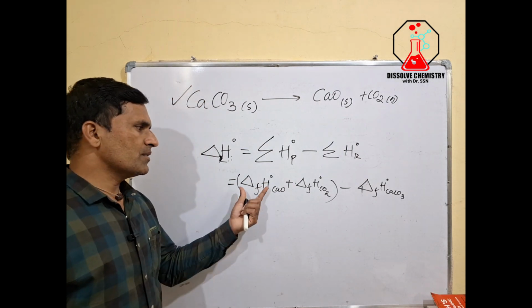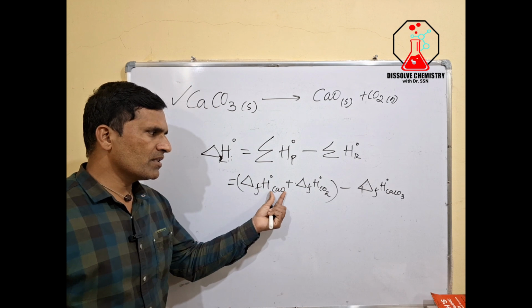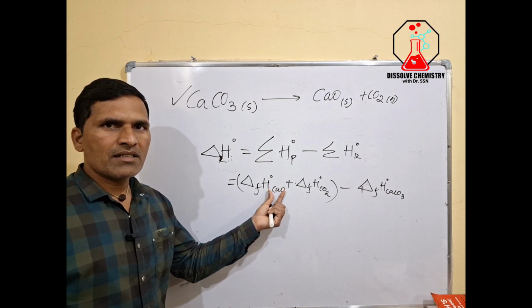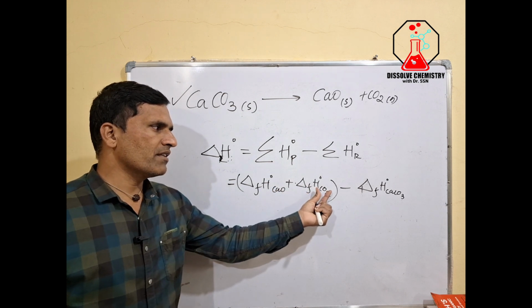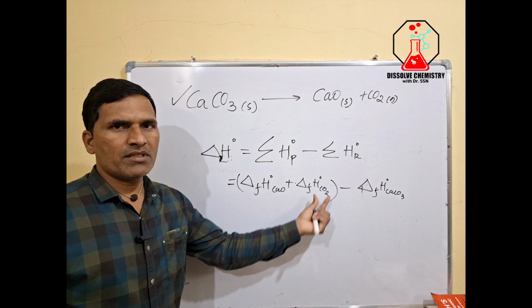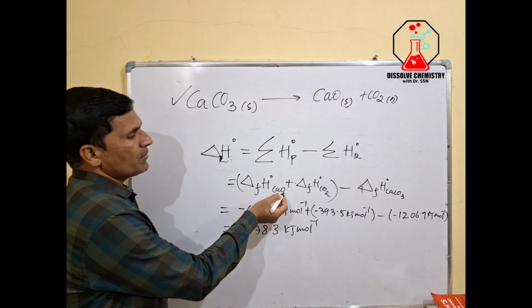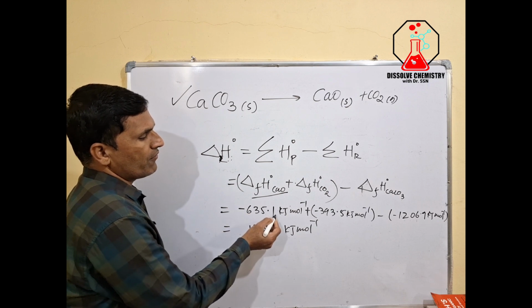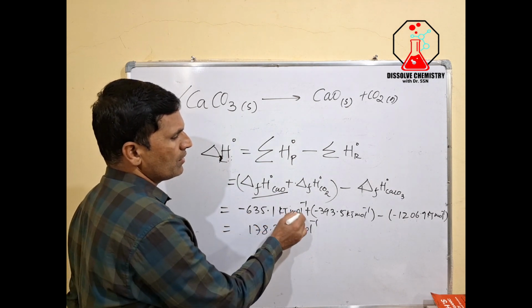So you substitute the value of enthalpy of formation of calcium oxide. This we can form by combination of calcium element and oxygen element. Similarly, we can calculate the enthalpy of formation of carbon dioxide. Finally, the enthalpy of formation of calcium oxide is 635.1 kilojoules per mole.